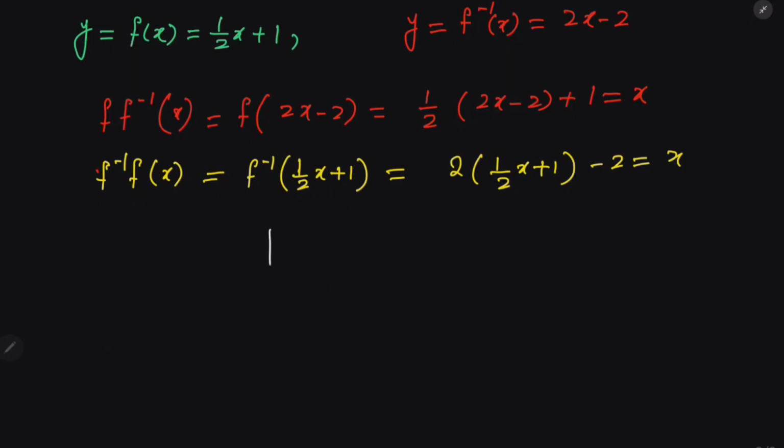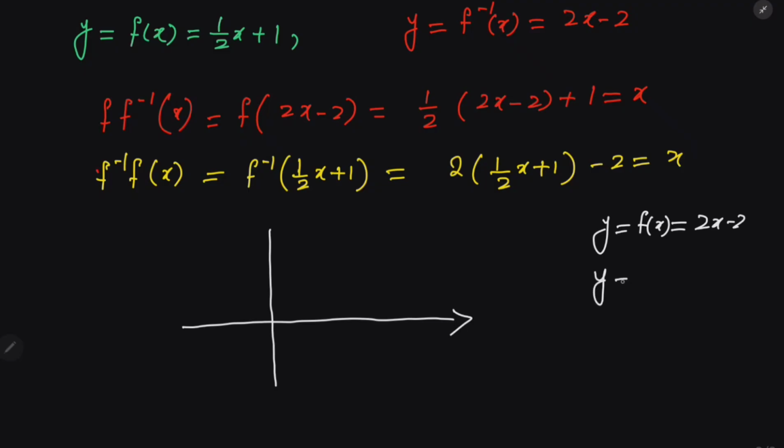Okay, let me draw the graphical representation for you. We have one function y is equal to 2x minus 2, and another function y is equal to 1 by 2 x plus 1.